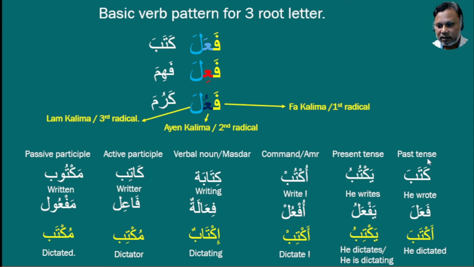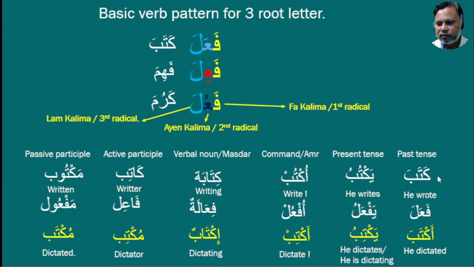This kataba falls under the pattern fa'ala, yaf'alu, uf'ul, fi'ala, fa'il and maf'ul. These are the basic verb under this pattern fa'ala, and the six things of this verb kataba.